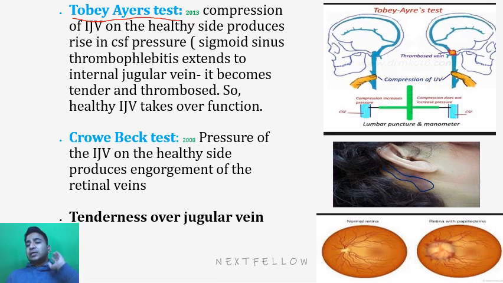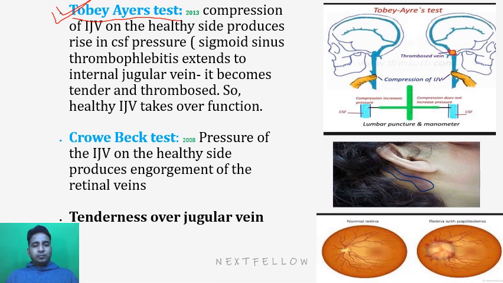If we compress the IJV on the same side, there will be no increase in CSF pressure. So this is a test by which we can diagnose that on this side there is a thrombophlebitis, whereas if we compress the IJV on the opposite side, the CSF pressure will increase. This is known as the Tobey-Ayer test.